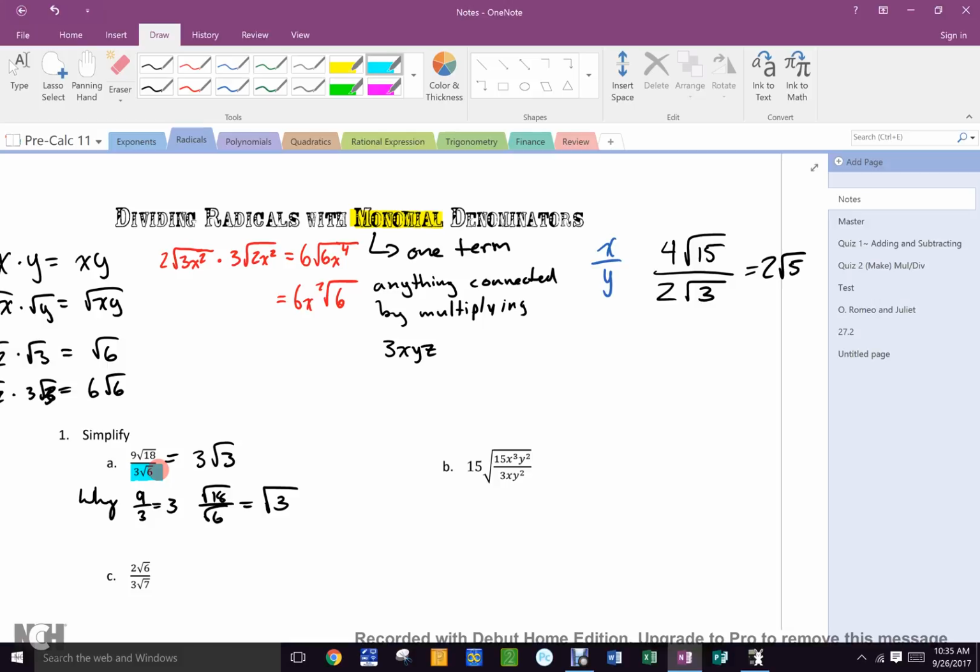In the root, there's divisions, right? And this coefficient is out here. Can I write this in another way?